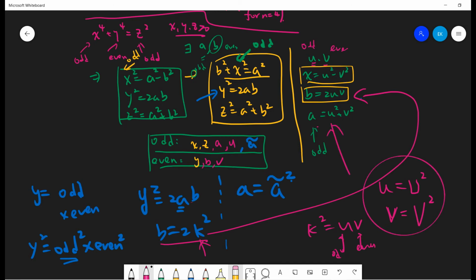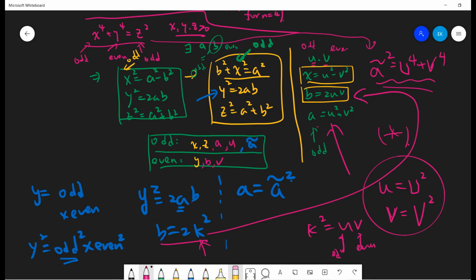So you get a tilde squared equals small u squared, which is capital U to the fourth, plus small v squared, which is capital V to the fourth. So you get another solution, the descendant of the original one. So from here you know there is no solution.